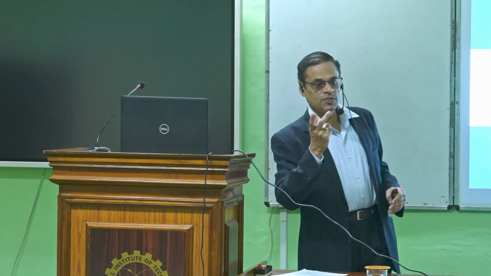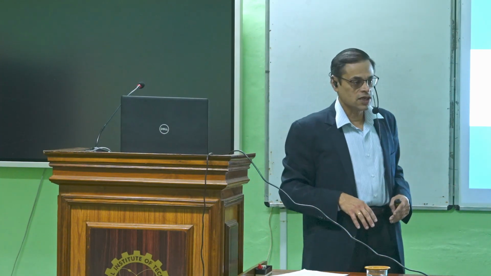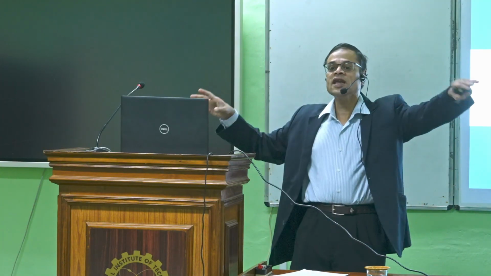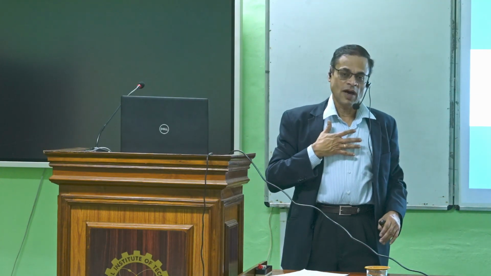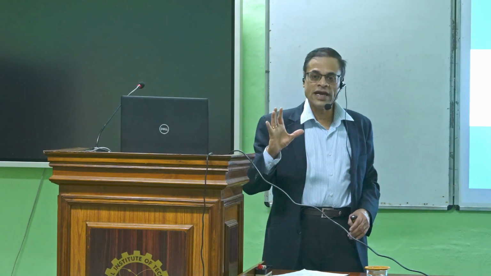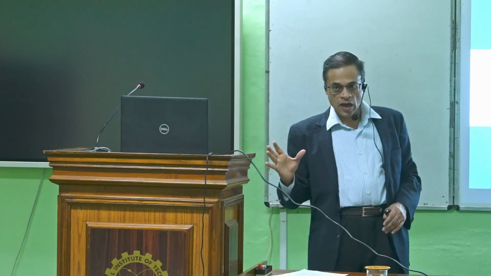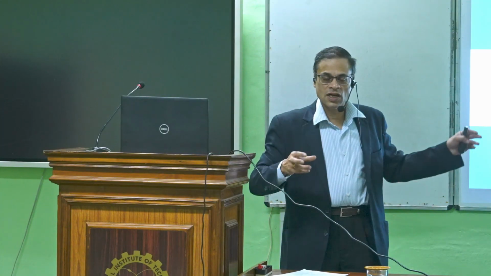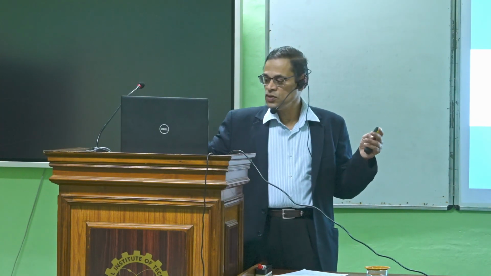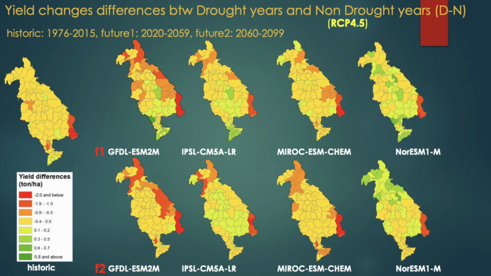So we tried to flip the question by saying, I don't want to see a loss in my yield, how much more water should I apply or how much more area should I grow. That way, as a farmer, I would not face a loss even during the drought years. So we tried to ask that question and came up with a countrywide analysis in this paper, which is very useful for you to refer to. There are 4 countries in this map.